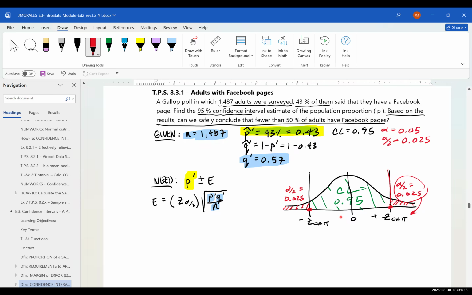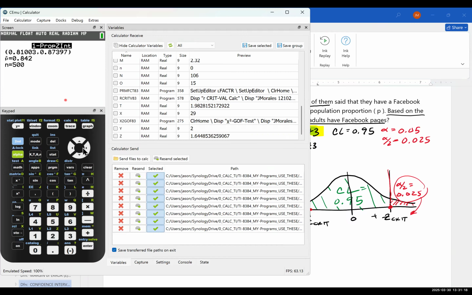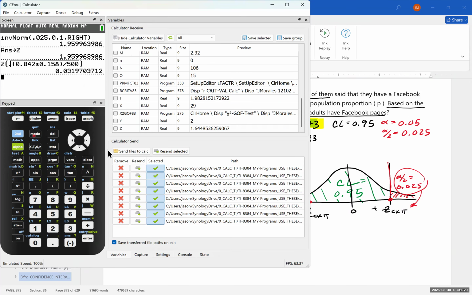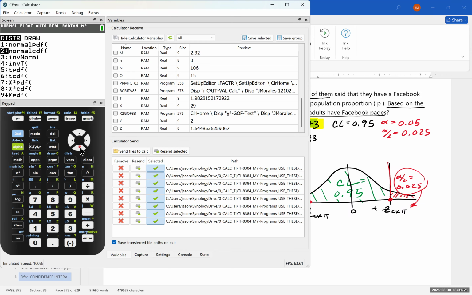And I think because these are the same values as before, clear that. I'm going to have the same values in there. Yep, 0.025 and the area to the right. There we go.